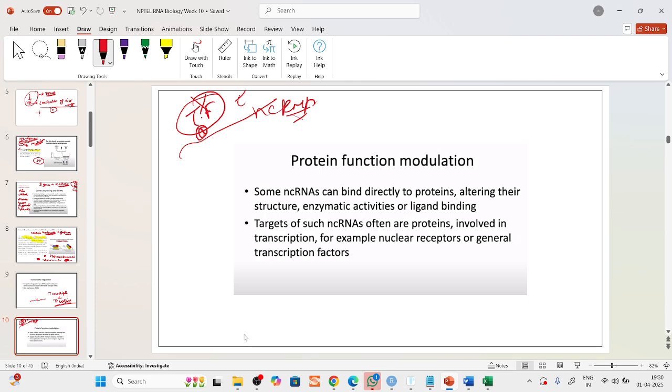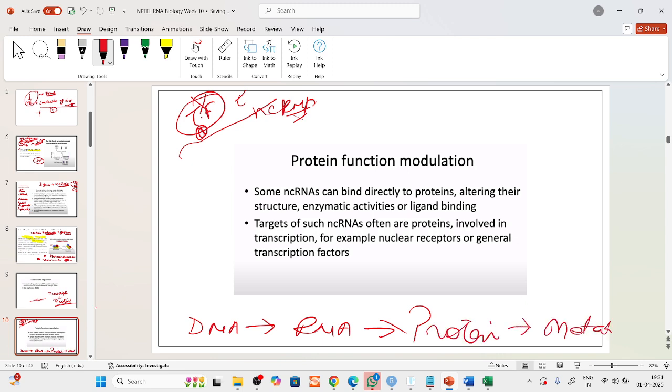We all know DNA to RNA, RNA to protein, protein to metabolome. What is new in this? Nothing is new, but the connections that you have to make while understanding the topics are important. That's why always the central dogma: DNA to RNA, RNA to protein, and protein to metabolites.